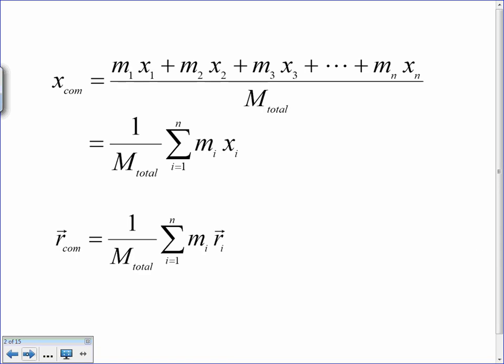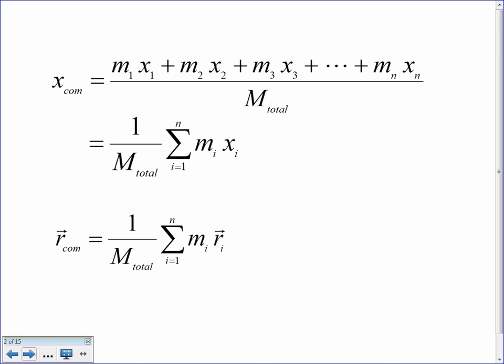This could be rewritten as a sum where you write it as 1 over the total mass times the sum of each individual mass times the position of each individual mass. This can be done for the x, the y, and the z directions.